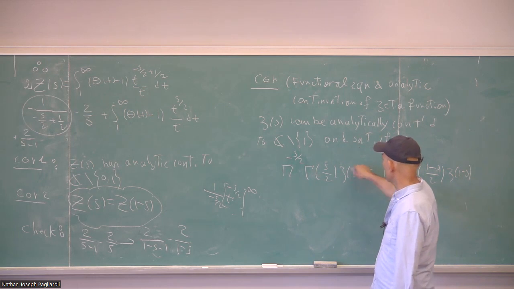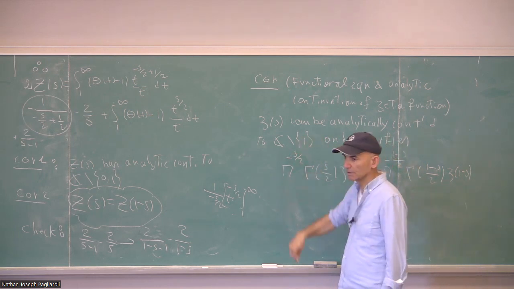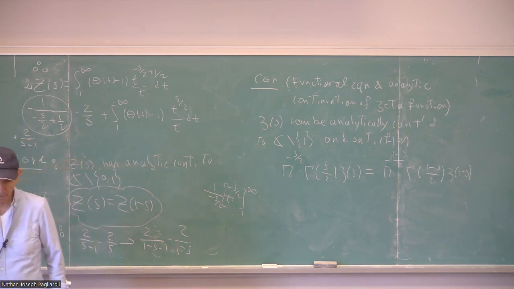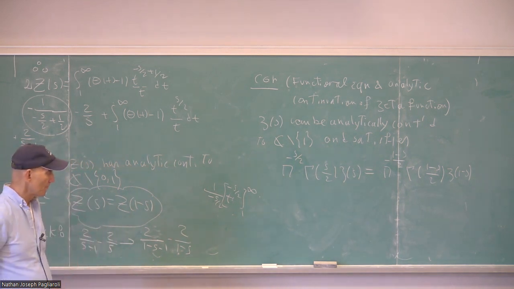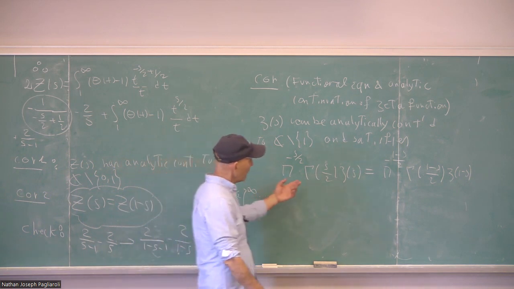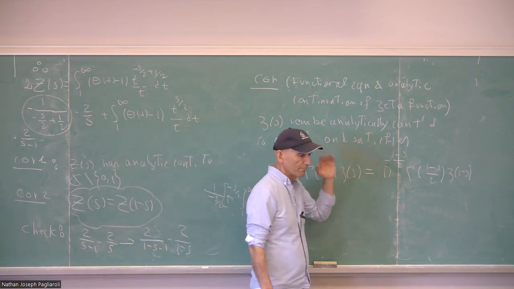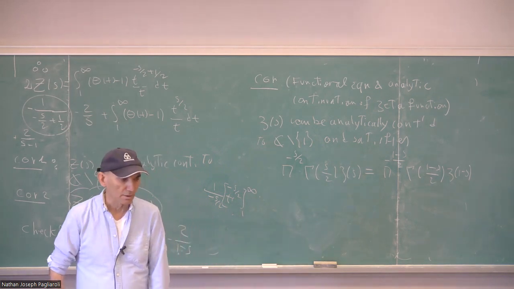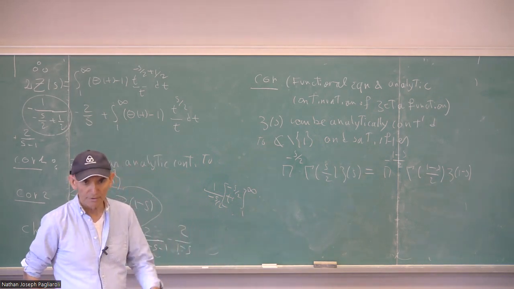And Riemann wrote something equivalent to this, but with different notation for the gamma formula. His gamma factor is the gamma factor, but with different notation. You should read Riemann's paper, translated.